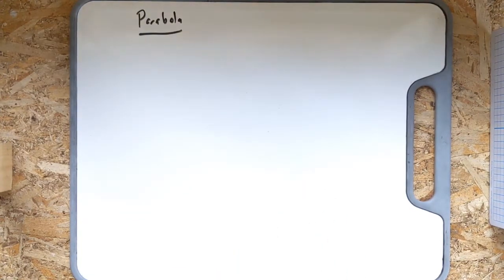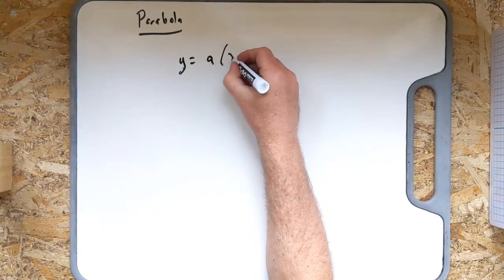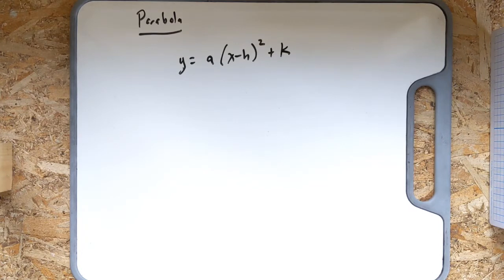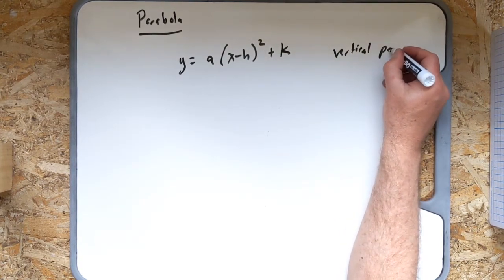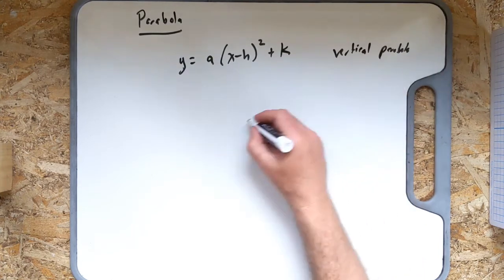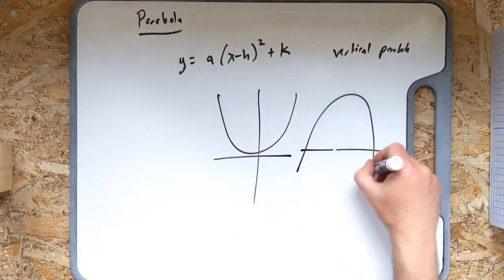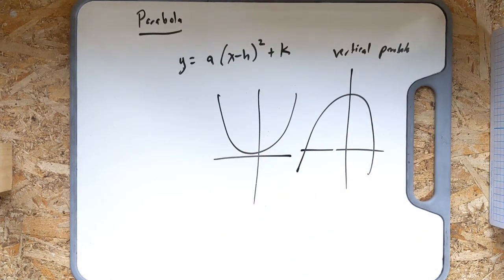I'm going to write an equation for a parabola, which is y equals a(x minus h) squared plus k. This is an equation for a vertical parabola, like the first drawing I drew, like this, or this. In other words, it's opening up or it's opening down. We'll do horizontal in a minute.